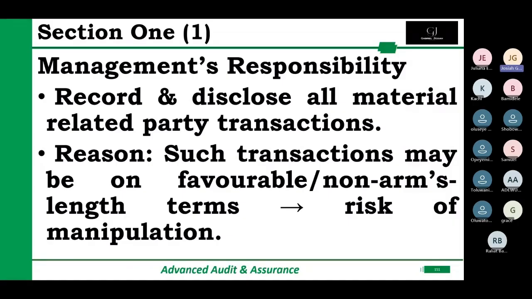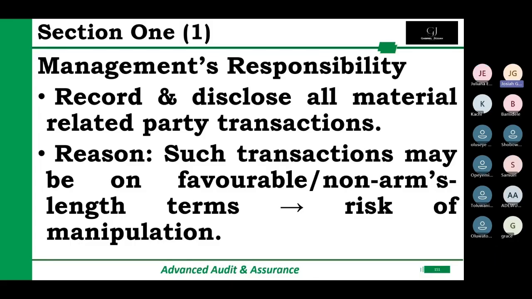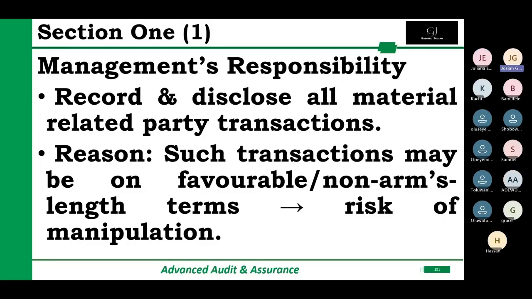This is management's responsibility, and the reason is because such transactions may be at arm's length terms or non-arm's length terms, and are susceptible to the risk of manipulation. So just imagine a company floated by the chairman, and he gave a contract to his wife's company, something like that.